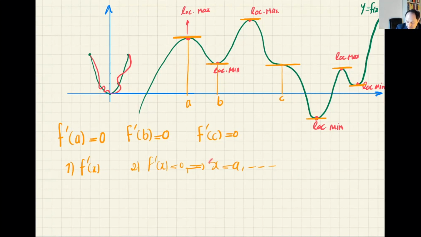I would say that these numbers are only candidates for local minimum and maximum points. There might be a fake one in between them. How should I find the fake ones so that I can drop them from my list? And how should I realize which of these points corresponds to a maximum and which to a minimum?